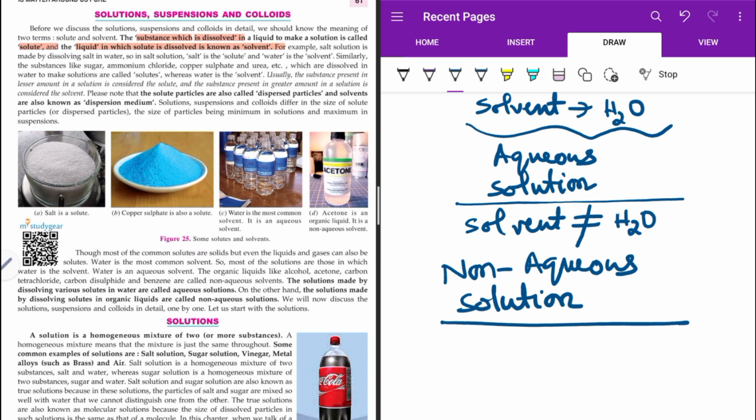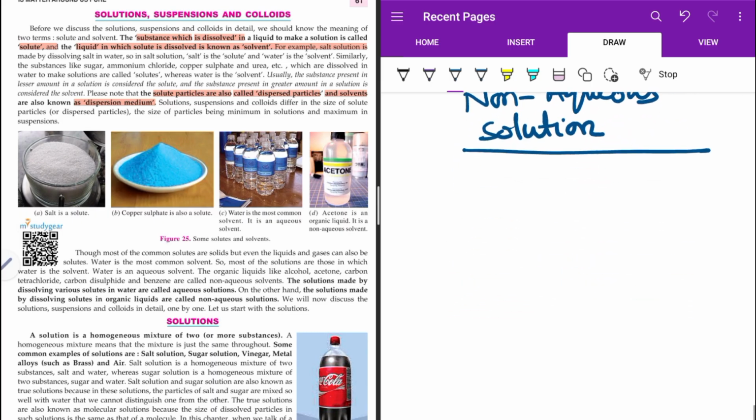One more thing, keep in mind that the solute particles are called dispersed particles. Why are they called dispersed particles? Because they remain dispersed in the solvent, and the solvent is known as the dispersion medium.